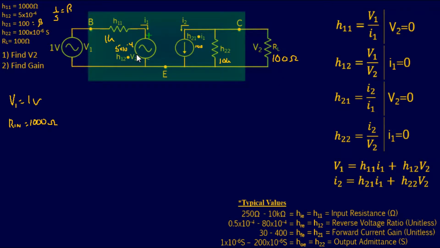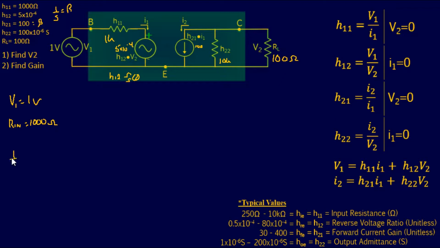Now, the real good news behind this, you can make assumptions. Since this number is so low, anytime you multiply a number times 5 to the negative 4, or any of these low numbers, it's almost equivalent to 0. Sometimes this parameter is going to be very close to 0. Some of your books even may refer to it as H12 equals roughly 0. So right now, I'm going to do a little bit of cheating and say that's 0 for the sake of argument. So I'll make it easy on me.